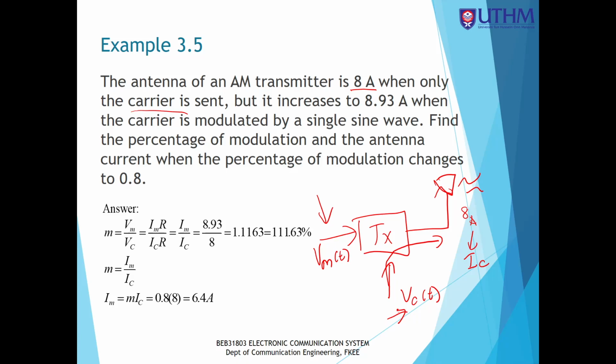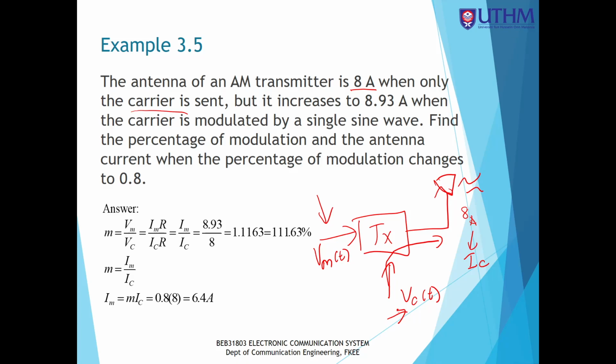So I'm not recommending using these equations. So it is actually M equal to IT over IC. I total divided by the I carrier. Okay, which is equal to square root of 1 plus M square over 2. Okay, so we need to use I total divided by I carrier.